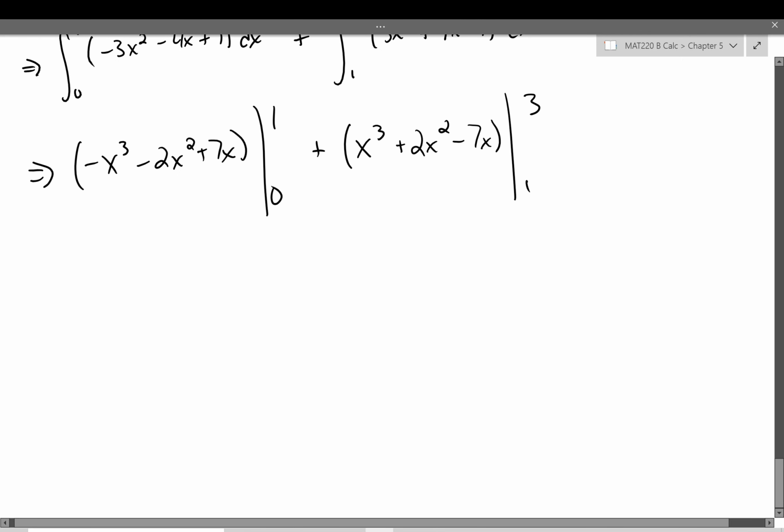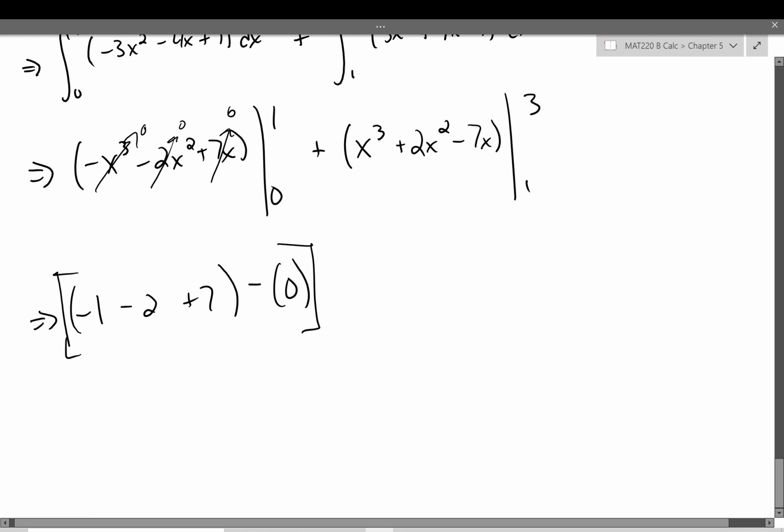All right? So when you go ahead and make all your substitutions, you're going to get negative 1 minus 2 plus 7, minus 0, because that goes to 0 when you substitute in 0. Okay, so that one's pretty simple. And then for the second one, let me put this in brackets here. So this is still our upper.